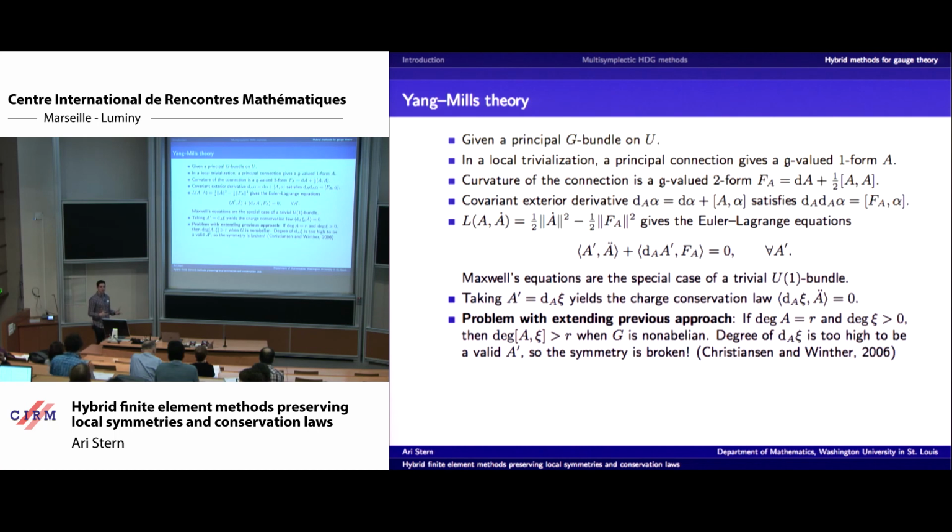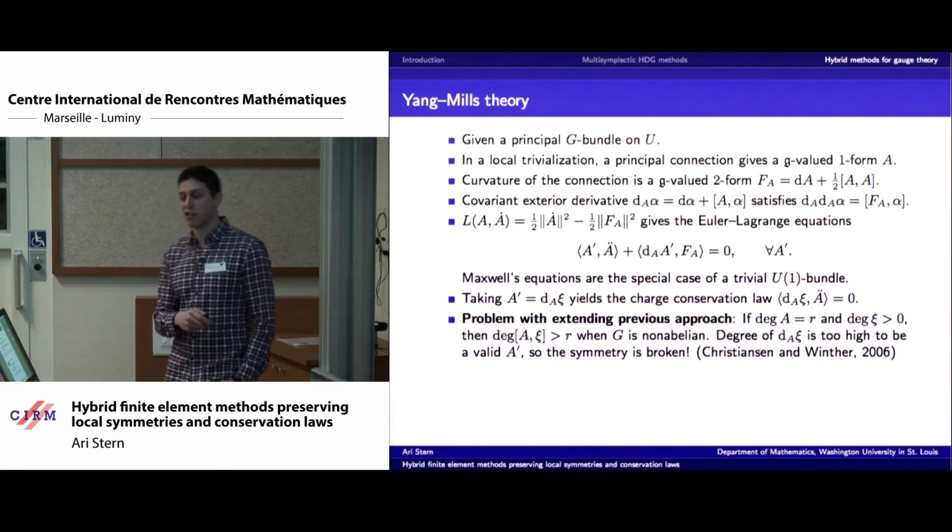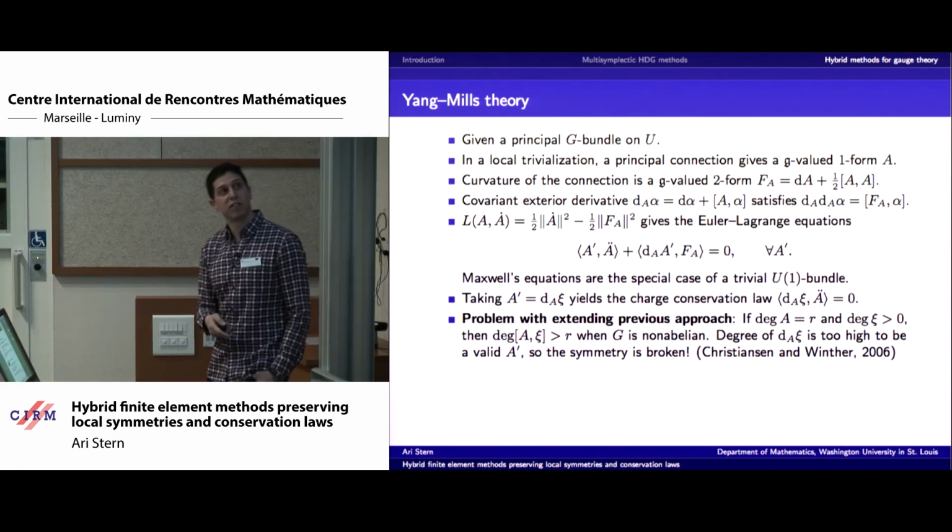But if I'm on a non-abelian group and the bracket is non-trivial, suppose that my A's have degree r, and I pick a xi of degree greater than 0. Then the bracket of A with xi has degree too high to be in my finite element space.